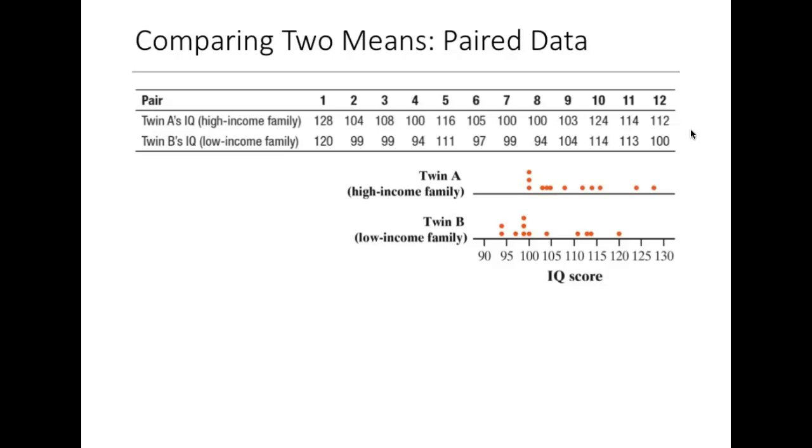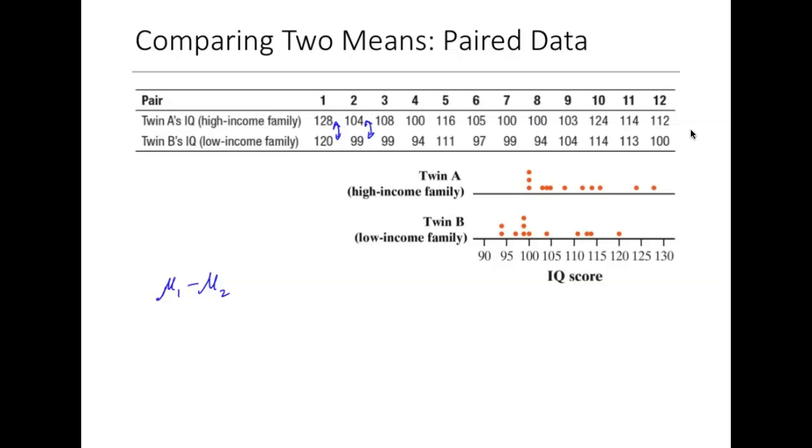And this might look like, okay, well, what we want to do is a 2-sample t interval for mu1 minus mu2. But the problem is you are comparing twin to twin. You're not comparing sample to sample, right? You're comparing each individual twin with the other twin. So that's different than taking a random sample from group 1 and a random sample from group 2 and then comparing them, right?